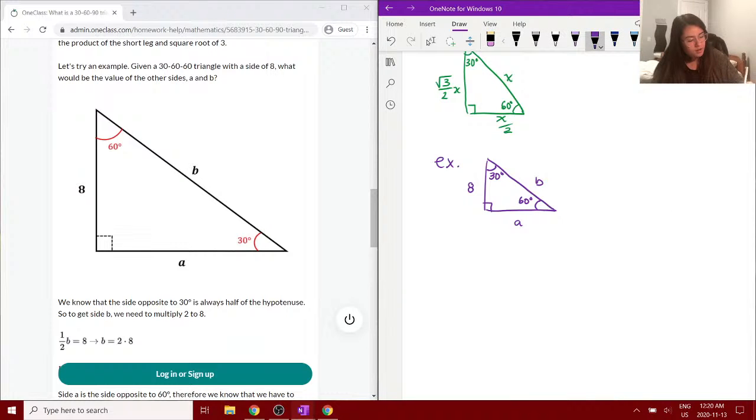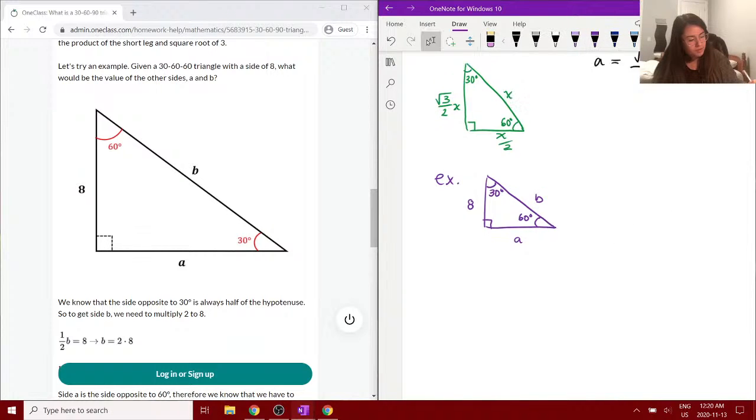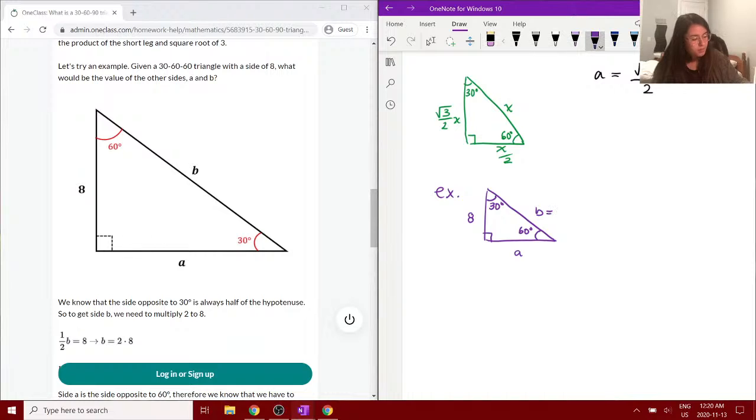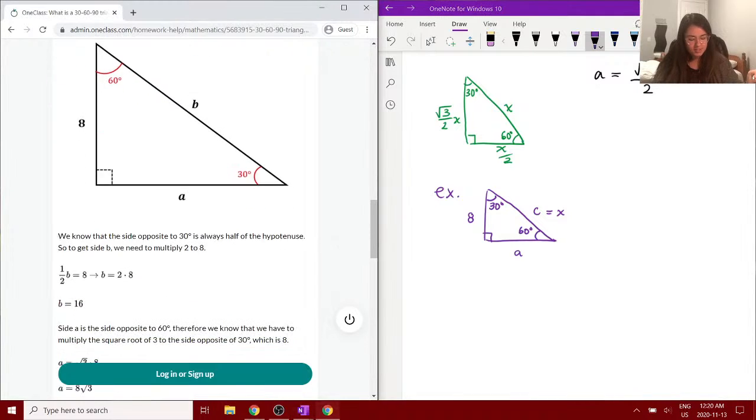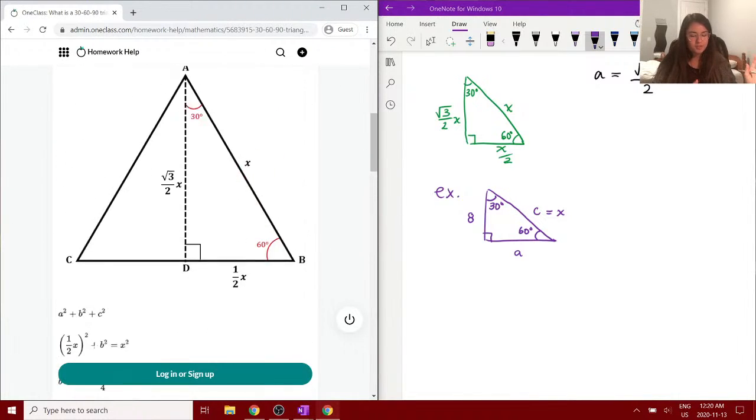So remember, we figured out from before that B is equal to, well, they switched around the letters. Usually I would prefer, because when you're using Pythagorean theorem, you need C to be the one across from the 90 degrees. So I'm going to change this to C because you're going to need to use it as C anyways, and I don't want you getting confused.